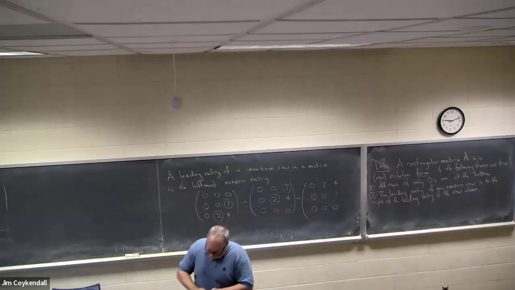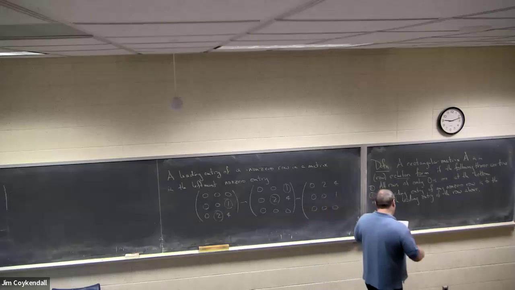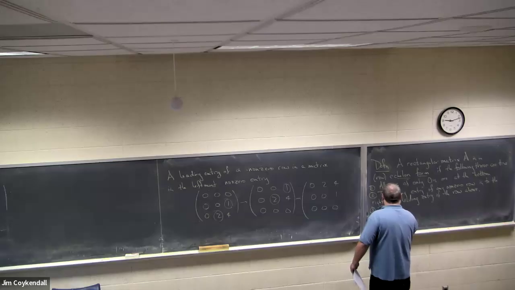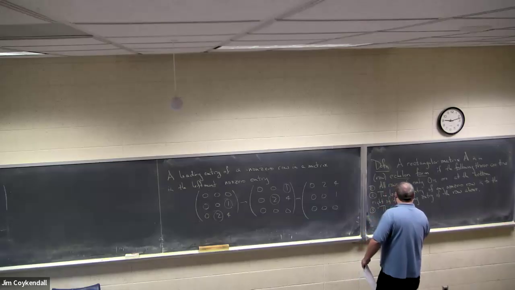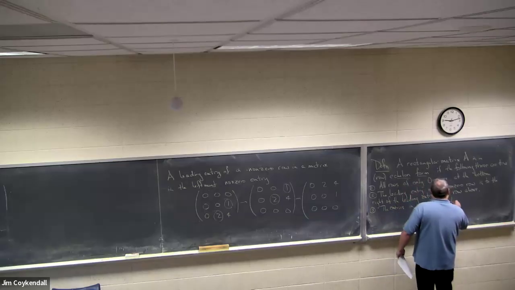And finally, number three, the entries in any column below a leading entry are zero.